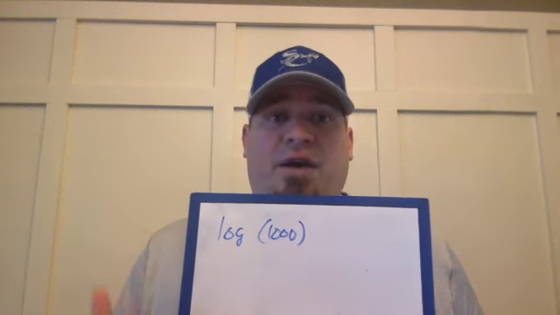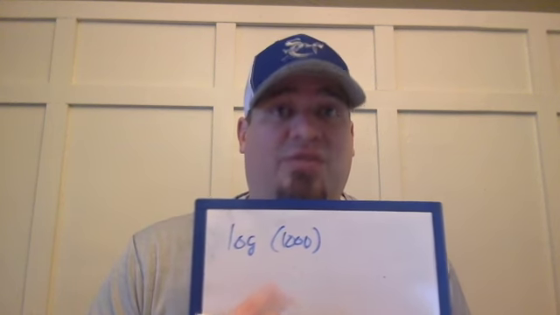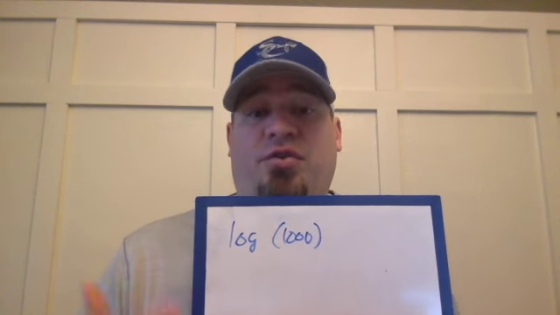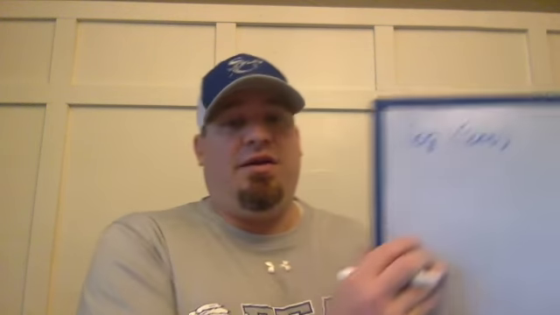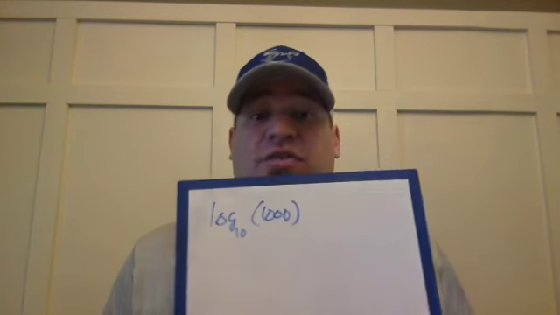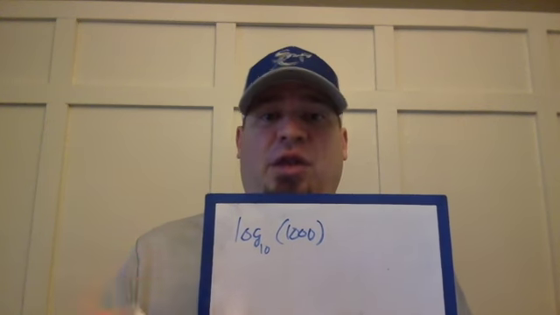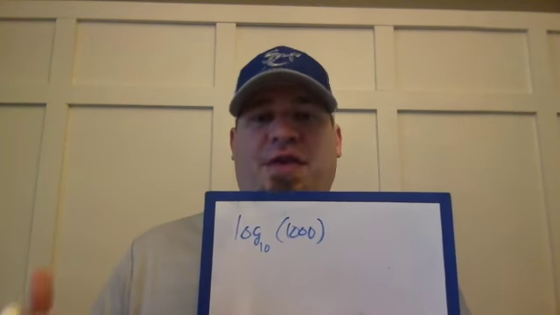Okay, anytime I'm given a logarithm that does not have a written base, it means it's understood that the base is 10. Okay, so log of 1,000, if I'm given that problem, means the same thing as log base 10 of 1,000.